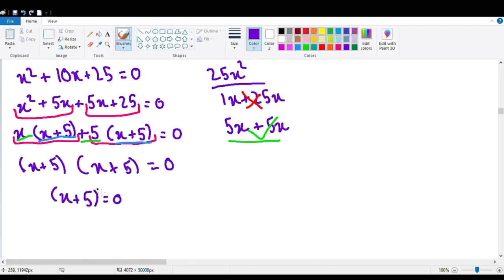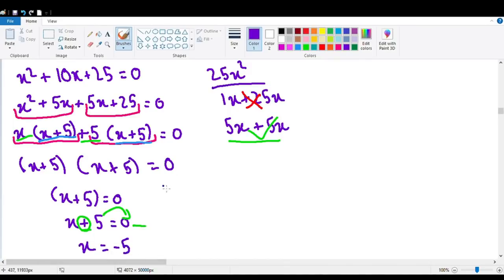I'm just solving one of them, and obviously the other one's going to have the same value, but I'm going to do it for both. When we transfer 5 to the other side, its sign will change. It's going to become minus. Let's write that down: x equal to minus 5.